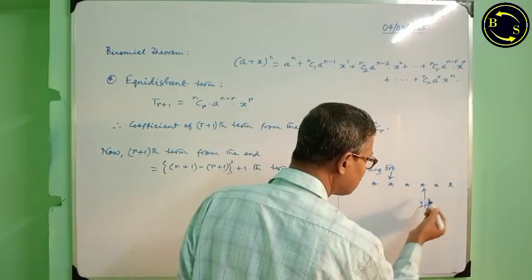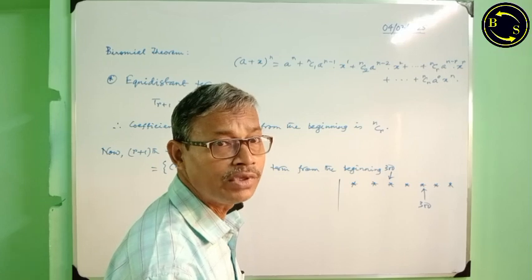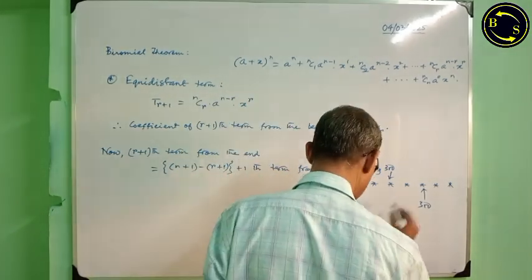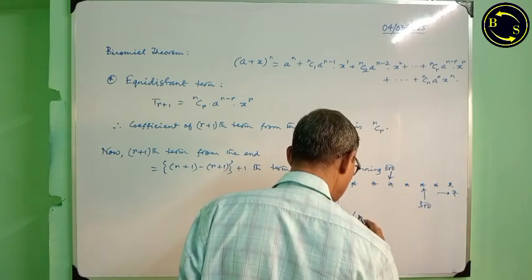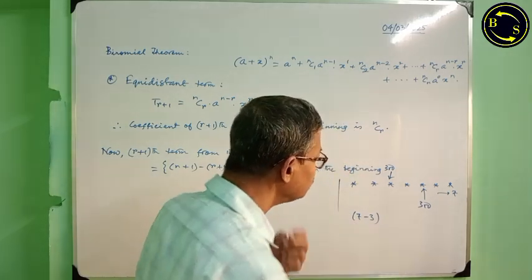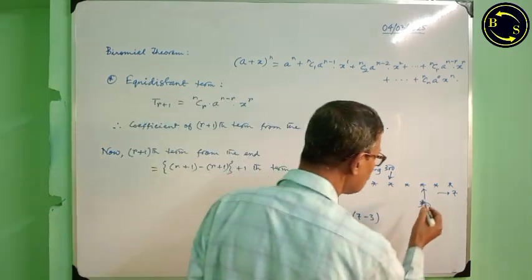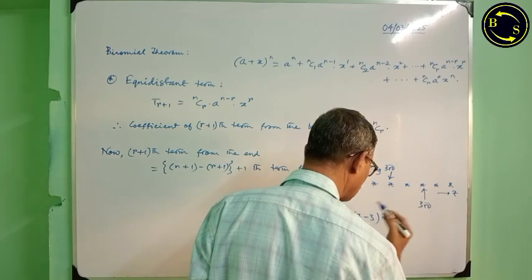Now from the end third term, what term will it be from the beginning? The total terms are 7. From 7 I subtract 3. Then to get this position from the beginning, we have to just add 1.